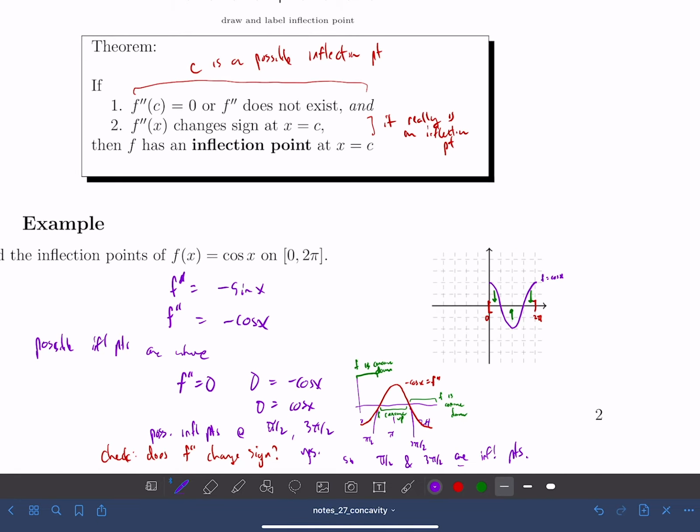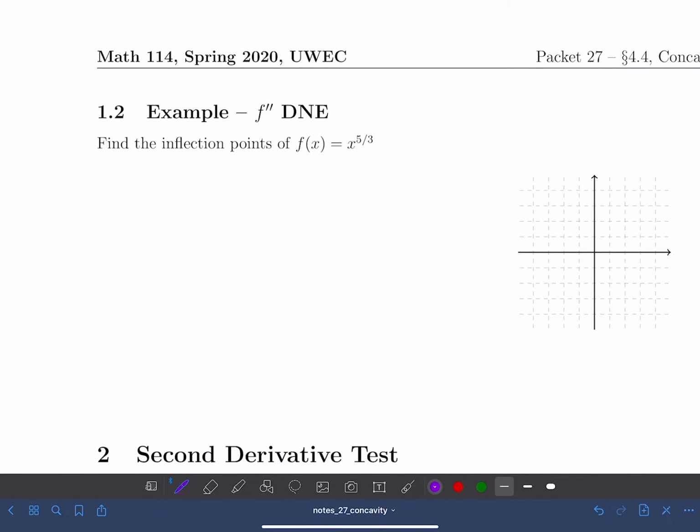Let's move to the next page. Let's play with the inflection points of another function, shall we? Let's find the inflection points of x to the 5/3. Possible inflection points are given where f double prime is 0 or undefined, so we need to pass through f prime.